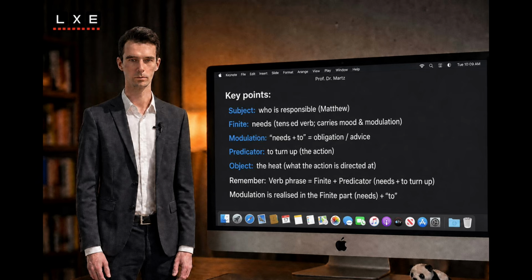Propositions, statements, versus proposals, moves. Modalization equals probability/likelihood: might, will, probably. Modulation equals action/behavior/obligation/advice: should, must, ought to. Finite plus subject show where these meanings sit in the clause and who is being asked, told, or evaluated.